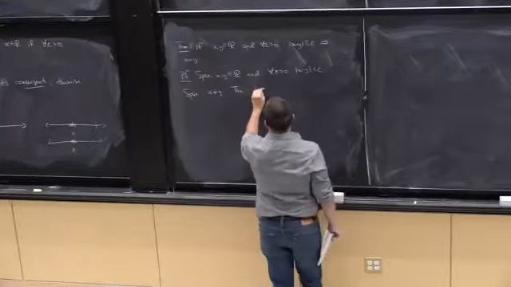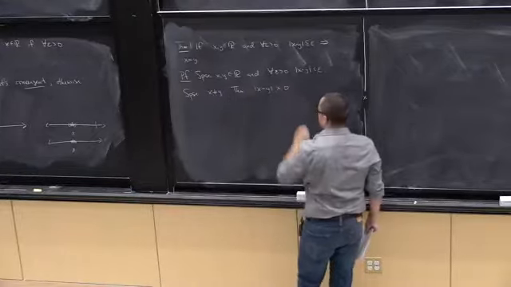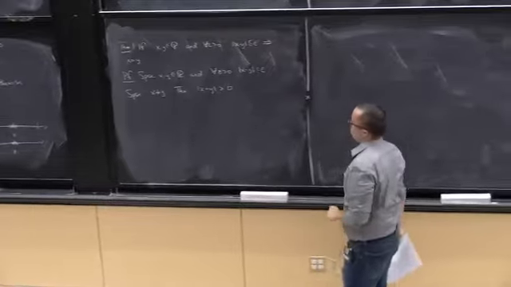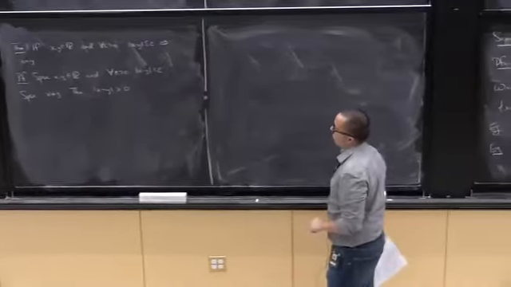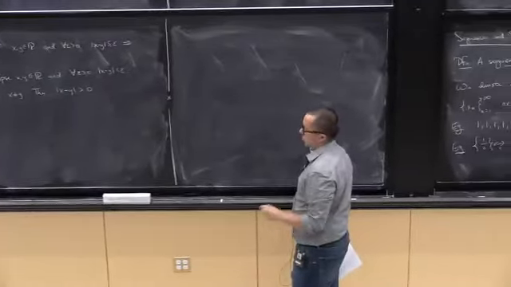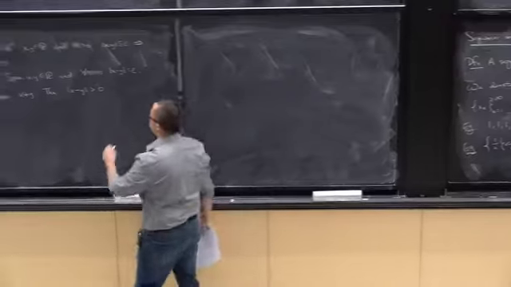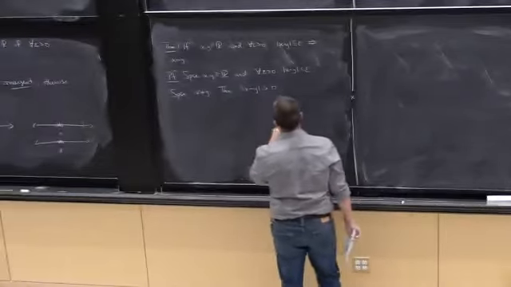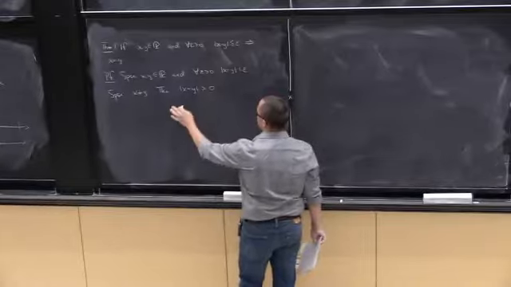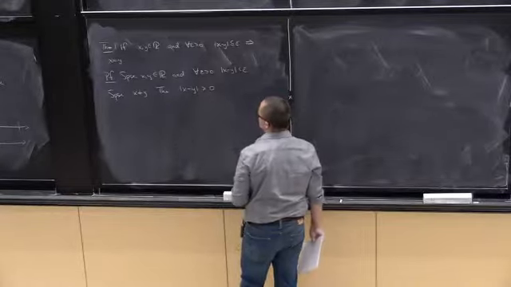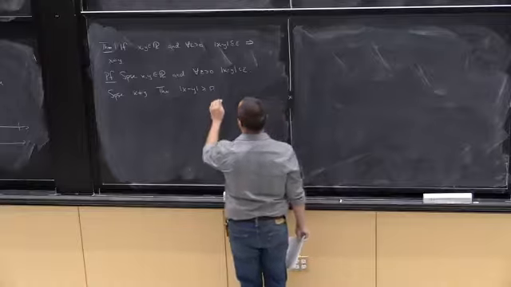Then, remember we proved that the absolute value of something is 0 if and only if that thing is equal to 0, and it's always non-negative. So x not equal to y means the absolute value of x minus y is bigger than 0.